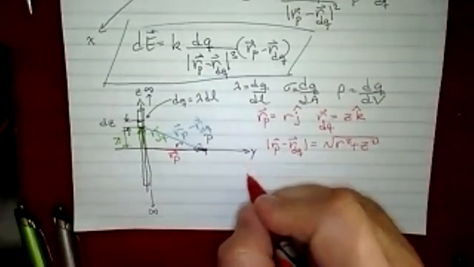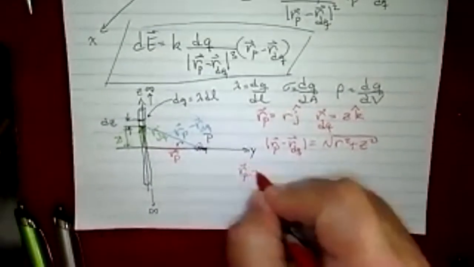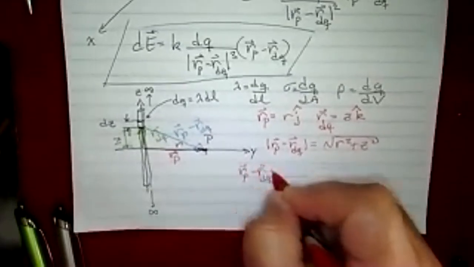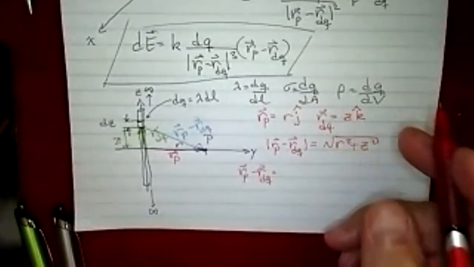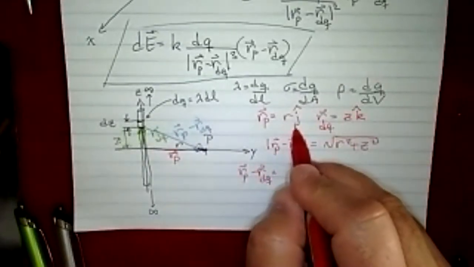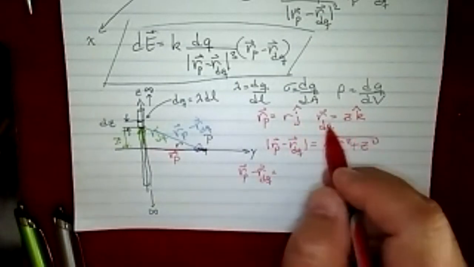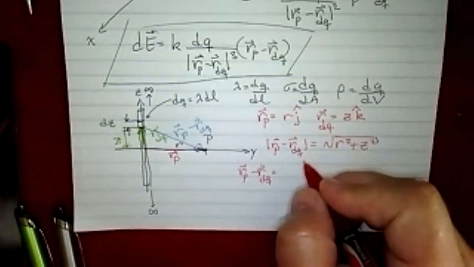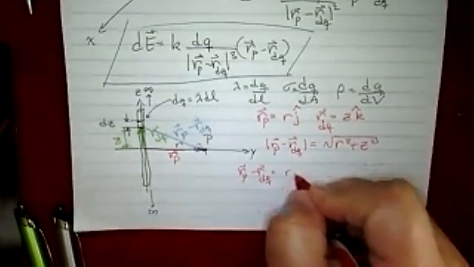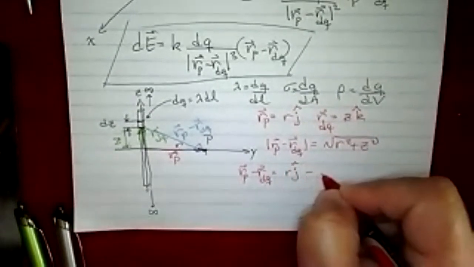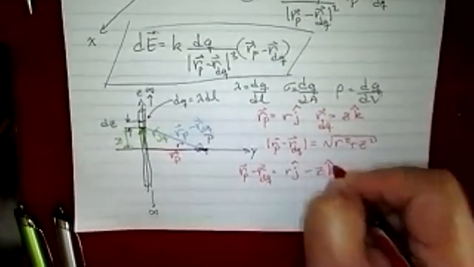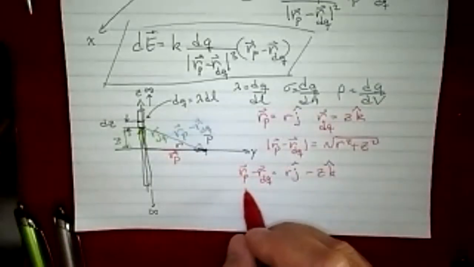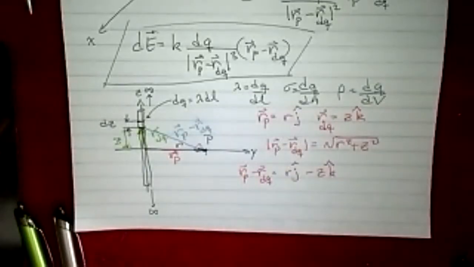And finally, the actual vector itself, r_P minus r_dq, is equal to, this is the easiest math in the world because there are no components, if you will. This component is in the j direction, this one's in the k direction. So I just get r j hat minus z k hat.